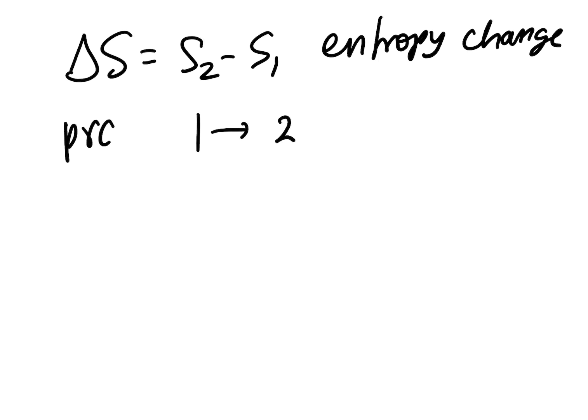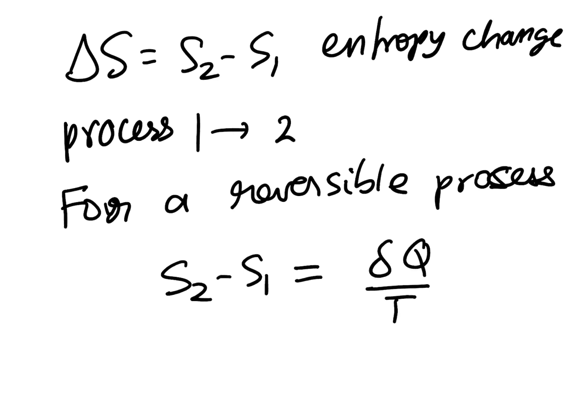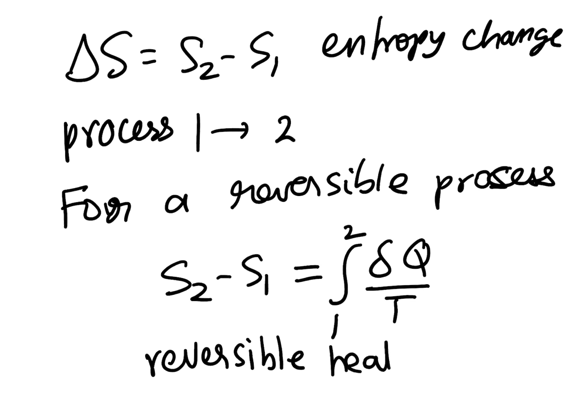It doesn't depend on the path, it depends only on the end states. And for a reversible process, delta S, S2 minus S1, equals delta q over T from 1 to 2, making delta q the reversible heat transfer.